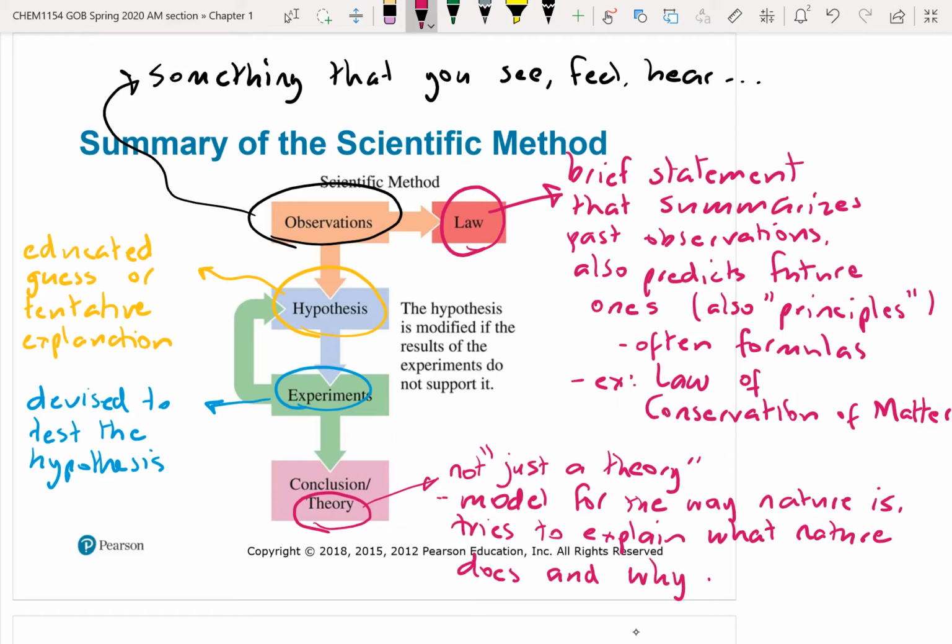An example of a theory, and again, it's not just a theory, is the theory of plate tectonics. If you study geology, or if you've seen on the news why earthquakes happen, the theory of plate tectonics says that the surface of the Earth, the crust, is made up of these little pieces that look like when you hard boil an egg and you crack the shell and it breaks up into little pieces.